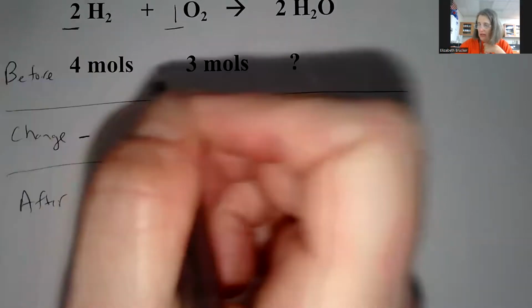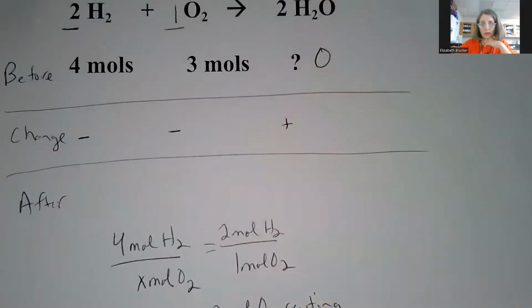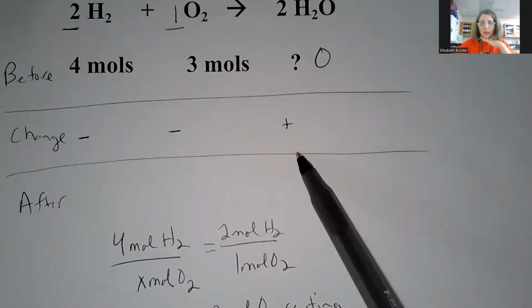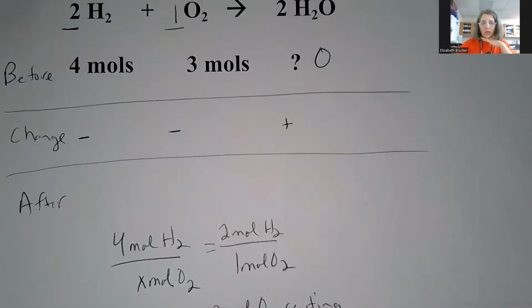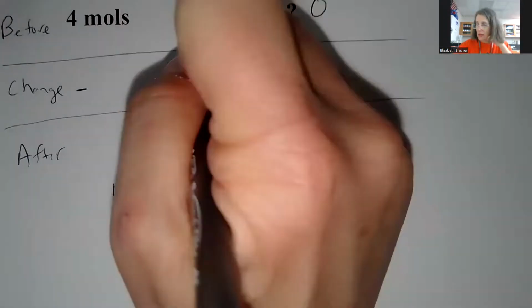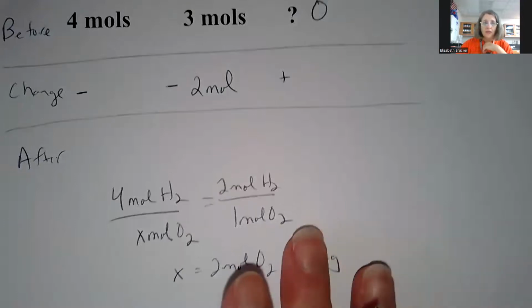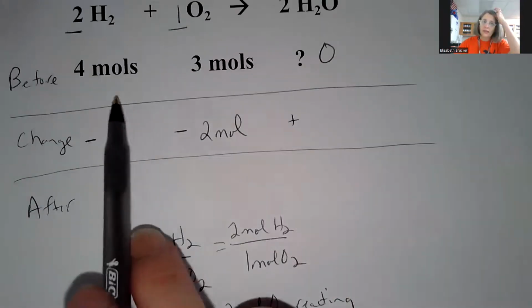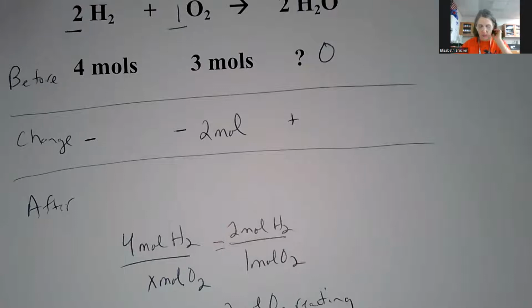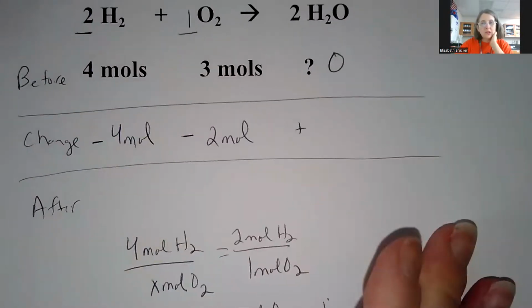Please understand, change on the reactant side is going to be negative and on the product side is going to be positive, because we are starting with no product. This is not math class. We cannot subtract from 0. So the change in the oxygen is going to be the mole-to-mole I just calculated: 2 moles that is reacting with the hydrogen. The hydrogen is going to be completely used up, so 4 moles is going to be the change.